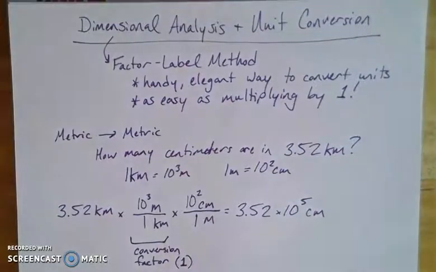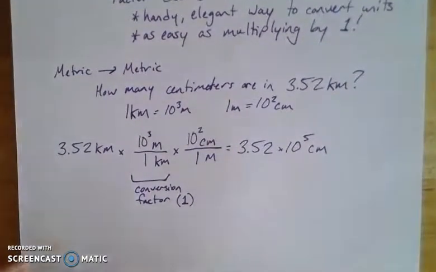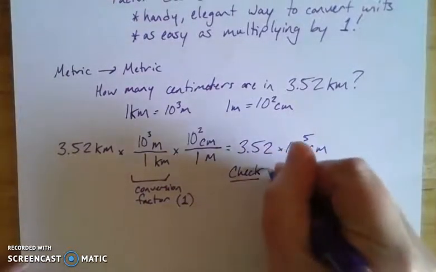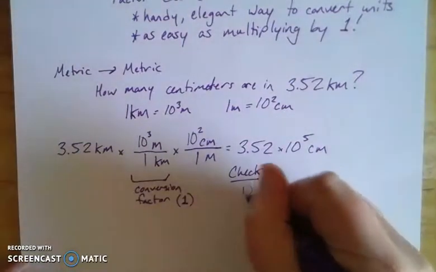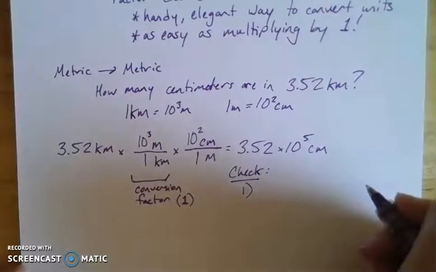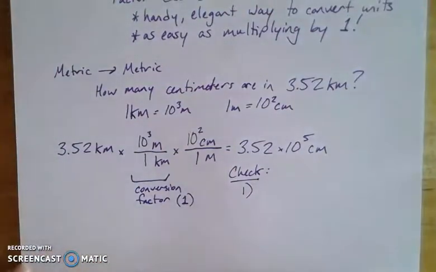And so in order to avoid calculators lying to you, there's kind of two things. We need to check our answer. The first thing that we check is the magnitude of the answer. Does it make sense? Are we expecting this number to be greater than the number I started with or smaller than the number I started with?